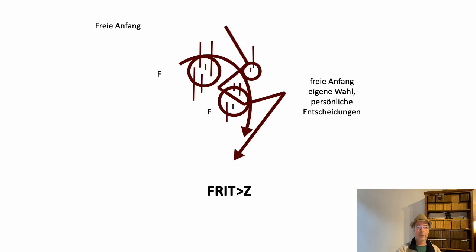So what does it mean for FRITZ? Here you have the word FRITZ more or less with the surroundings of everything. So he has a free starting point. He can do also something with it himself. And what does he do? With the S is the result, so it's adaptation also to the result, just a little bit the same, but because of the Z, he is also directing it very well himself.